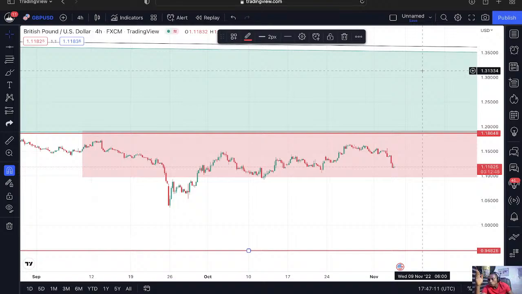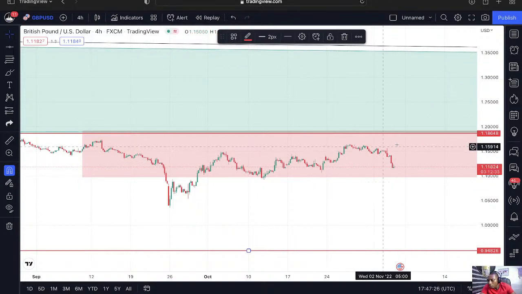So we might be having a correction in the movement, from bullish momentum to bearish momentum. But what we are seeing here is an impulsive market.